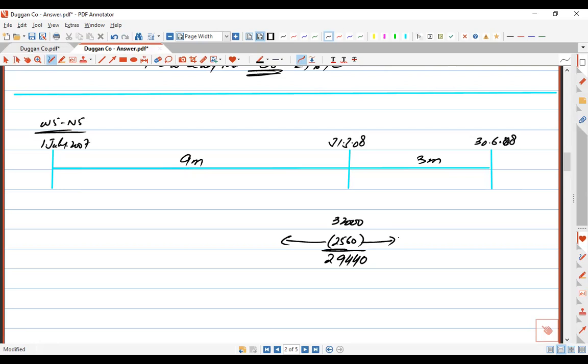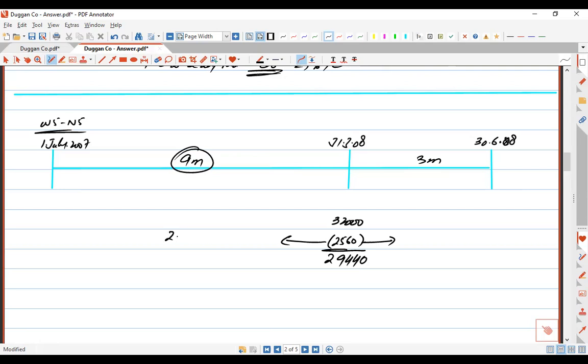Why 9 months and 3 months? Because the interest expense for the construction time period is added to the cost of the asset, because IAS 23 says capitalize your borrowing cost, your interest expense, in the construction period. When active construction was done, add the interest expense for that time period to the cost of the asset.